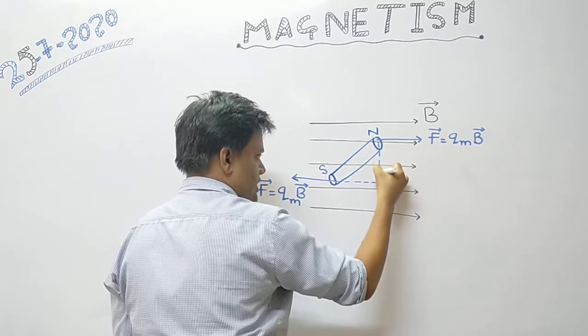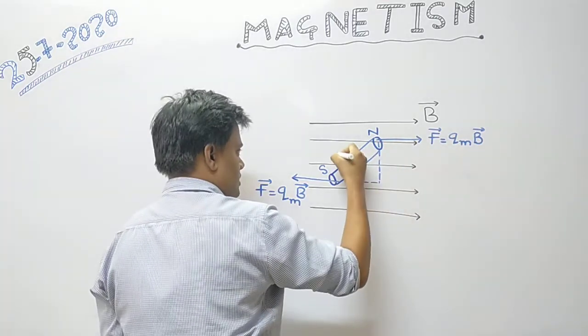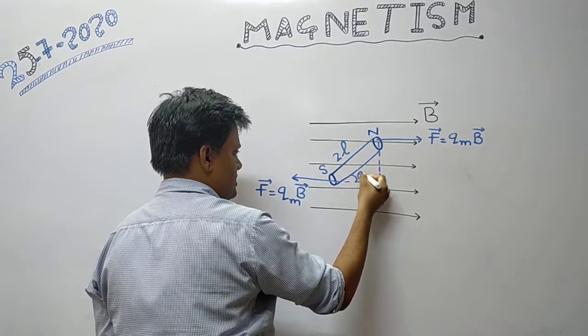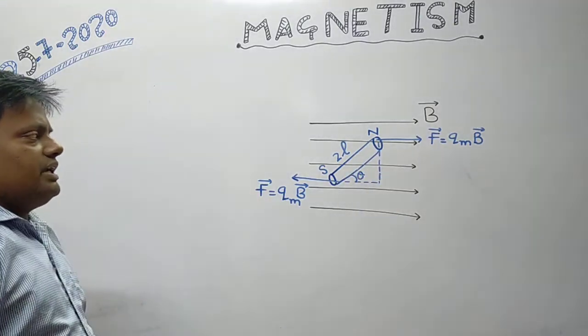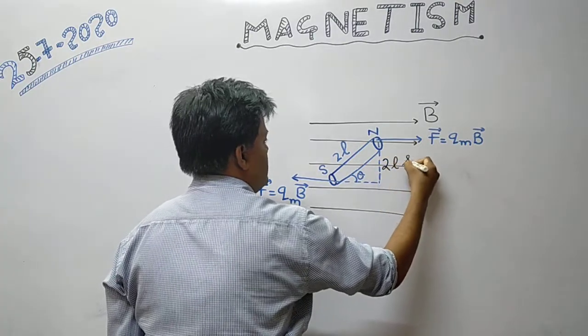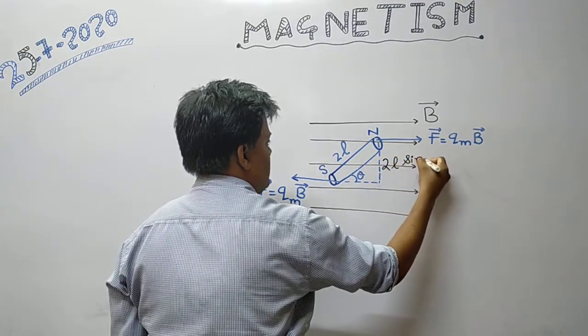This is the perpendicular direction, this length is 2l, this angle is theta. You can take the perpendicular distance, this is 2l sine theta.